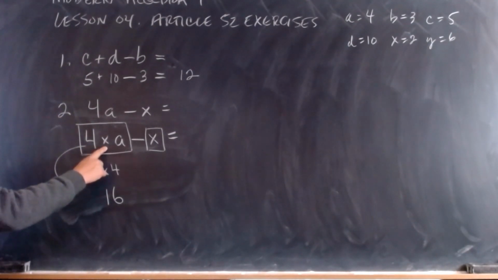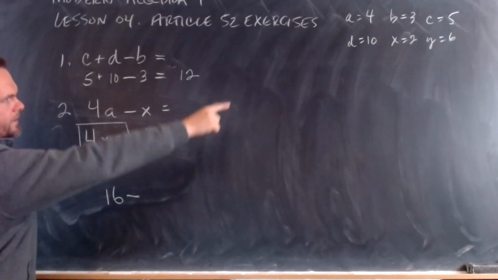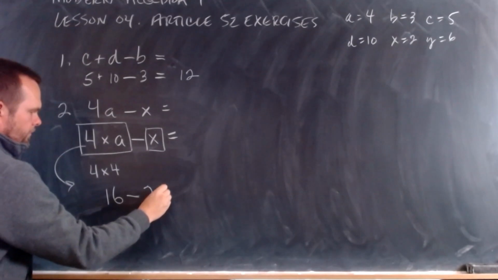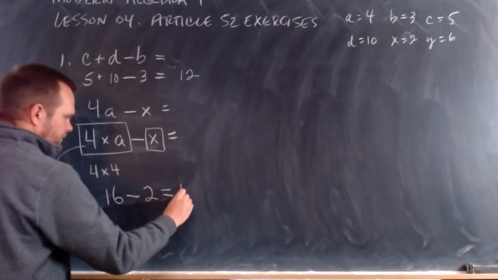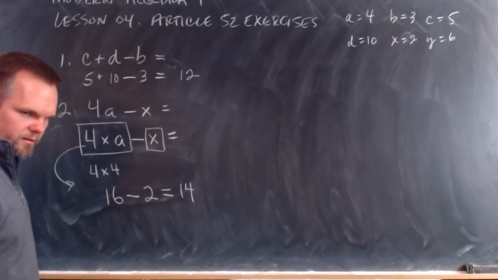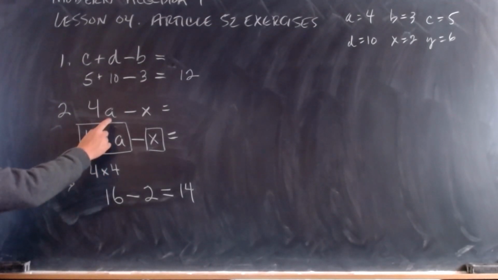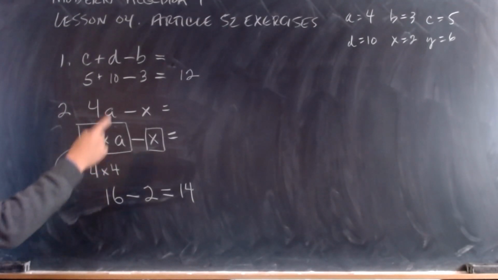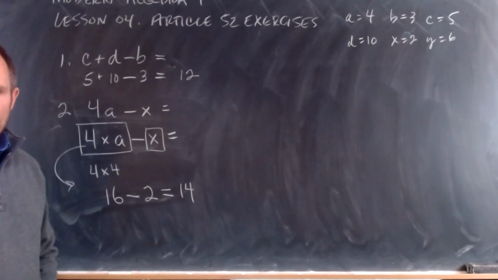So the value of this term is 16, minus x, where x equals 2, equals what? 16 minus 2 equals 14. That's the answer to number 2. Is that the right answer? Yes. Okay? You're going to see what I'm talking about with terms as we get into future problems. You'll get the wrong answer if you don't do what I said.